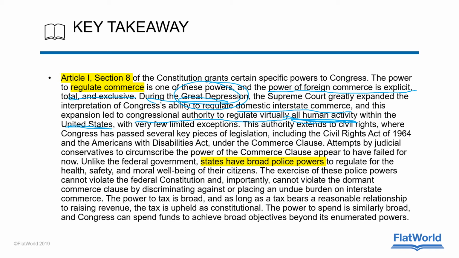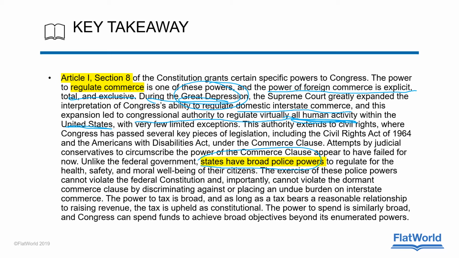Attempts by judicial conservatives to circumscribe the power of the Commerce Clause have generally failed. Another point is that, unlike the federal government, states have broad police powers to regulate the health, safety, and moral well-being of their citizens.